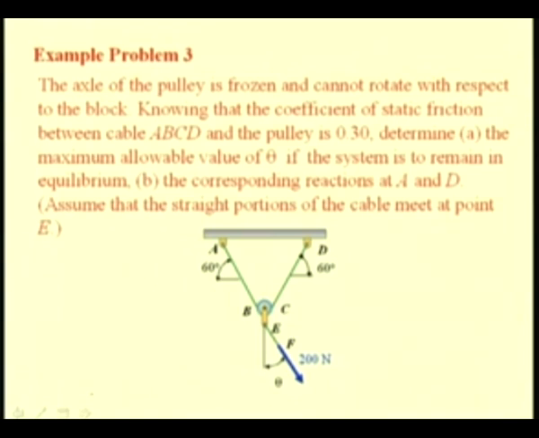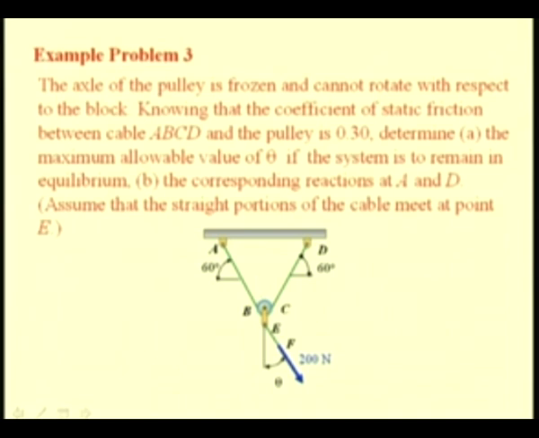So, here in this problem we have a pulley whose axle has been frozen, in the sense this pulley cannot rotate about this pin, and thus this short element, if we call it as BE, will also rotate along with this pulley.